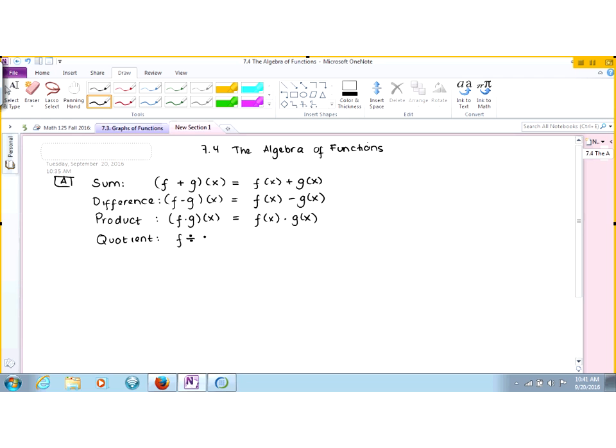F divided by G of X. Or maybe I should write it as quotient. So this is F over G of X. This is F of X divided by G of X. And what happens to the denominator? It cannot equal 0. Yes.